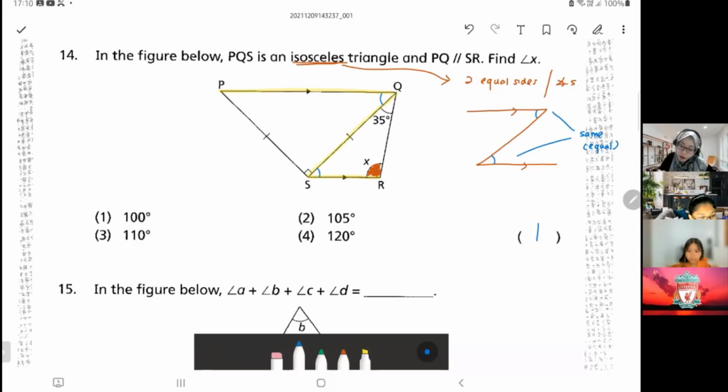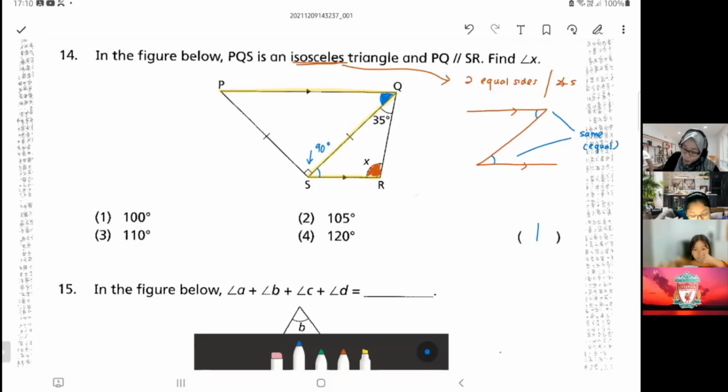However, do I know that angles yet? Not yet. But can I find this angle here, this one in blue? Yes, I can. Why? Because there's a 90 degree here. So I can find the 2 sides of the isosceles triangle at the side there. How do I do that? Sum of angles in a triangle is 180 degrees, right?